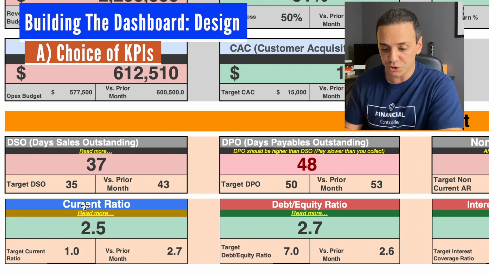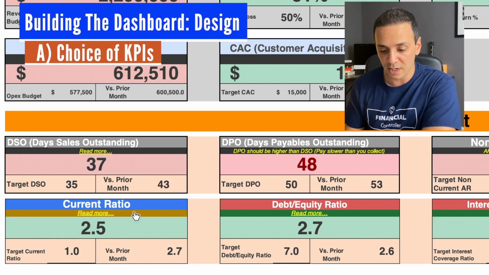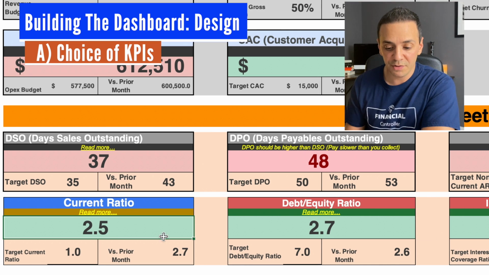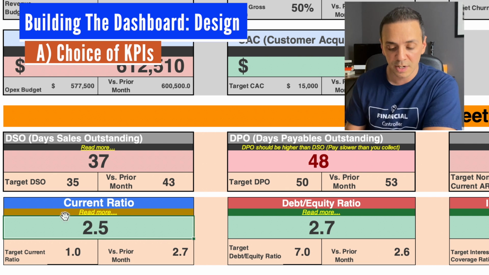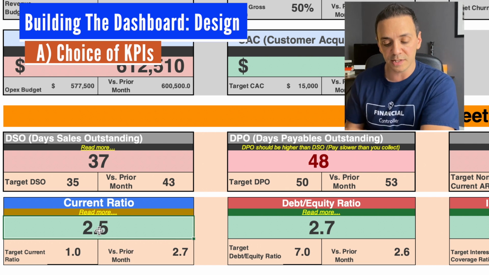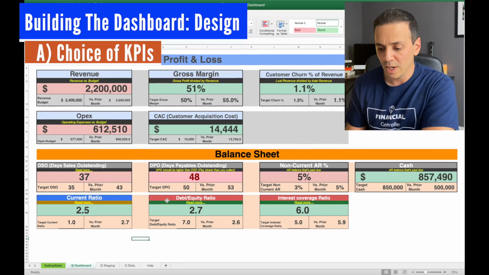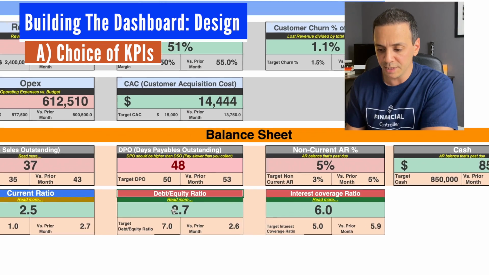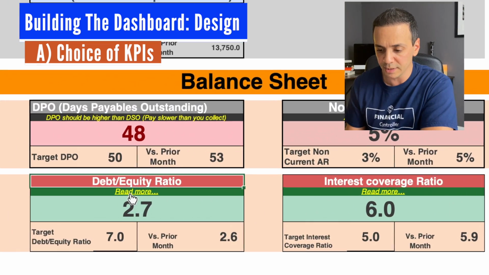And then I have current ratio, which basically just shows the ability of the business to meet its current obligations. So I have here as much as 2.5x, the current assets divided by current liabilities, so that the company is actually here in the green, able to meet its current liabilities. And then I have debt to equity ratio, and basically here's a definition for it as well. You can click on it and see.